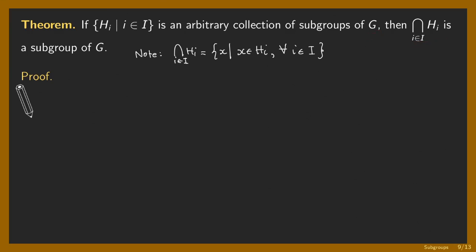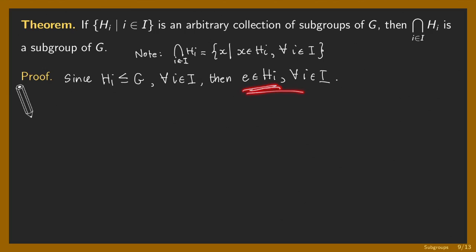Now the idea is, since we know that H_i is a subgroup of G for all i, then by default E must be an element of H_i, and that must hold for all i. Because this holds for all i, we can already tell that E is in the intersection. Therefore, the intersection is not empty.